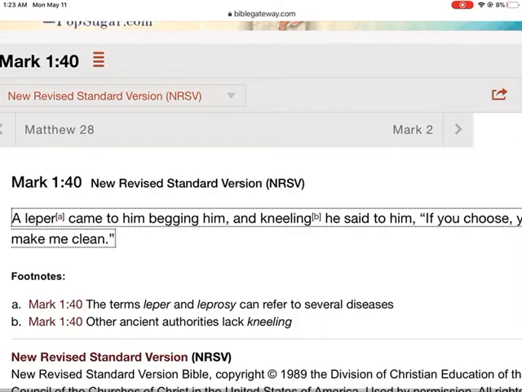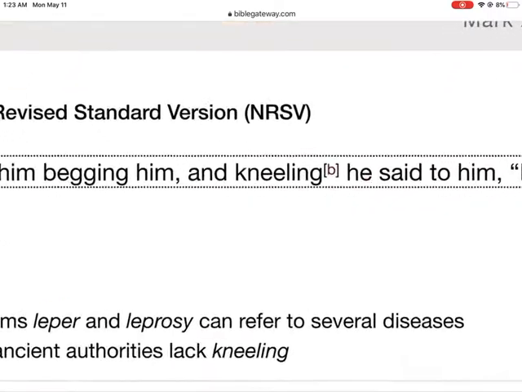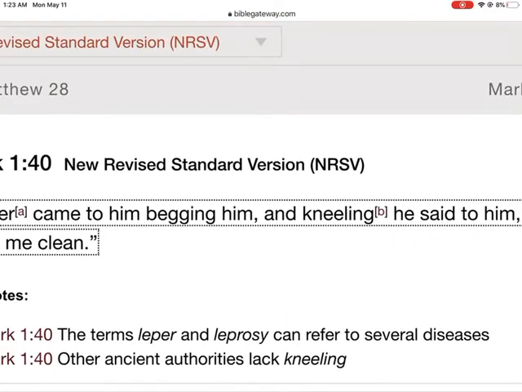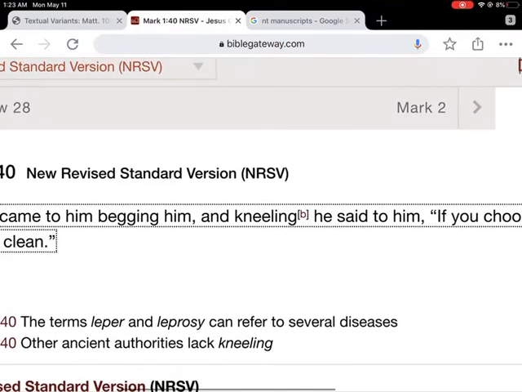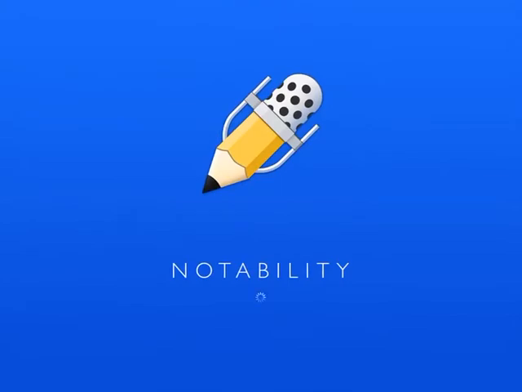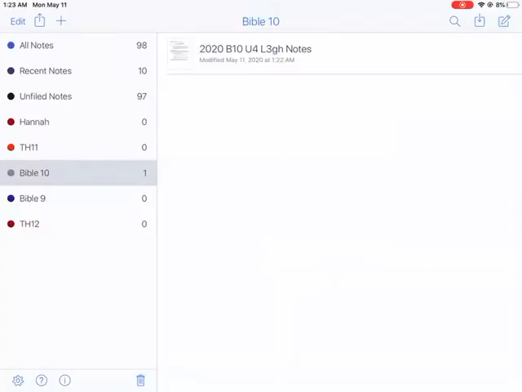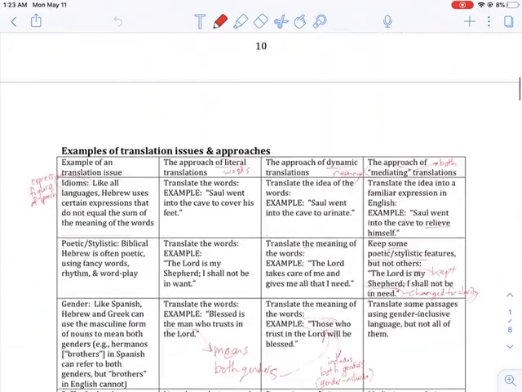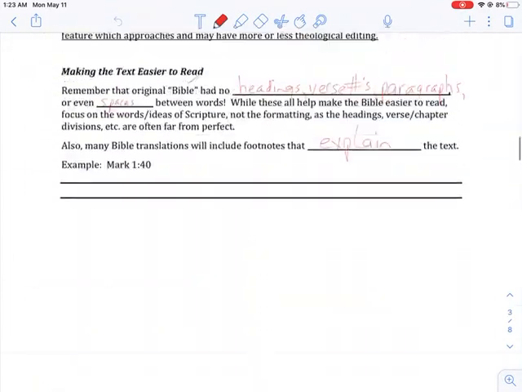For our purposes now, let's look at this first example, where it explains that the word leper or leprosy can refer to several diseases. Again, that's not originally in the Bible. There was no footnote that explained that, but scholars put these in to explain that the word leper or leprosy can mean several different things.